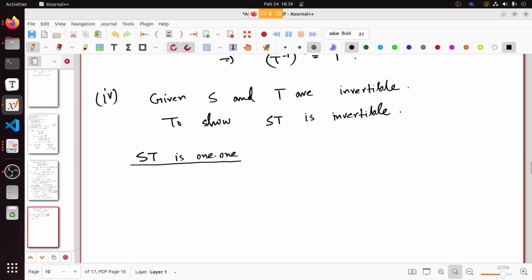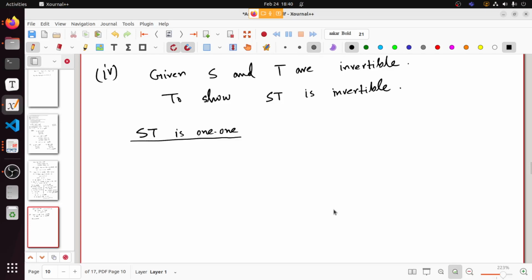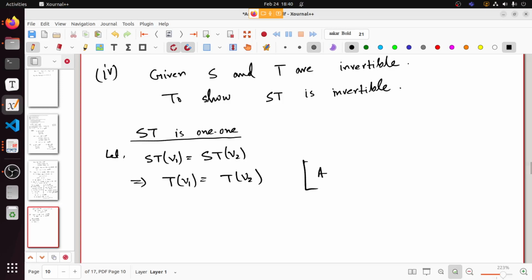Again, we have to take two vectors such that ST of B1 equals ST of B2. Now you know that S is invertible, so S is 1-1, which implies T of B1 is T of B2, as S is 1-1.